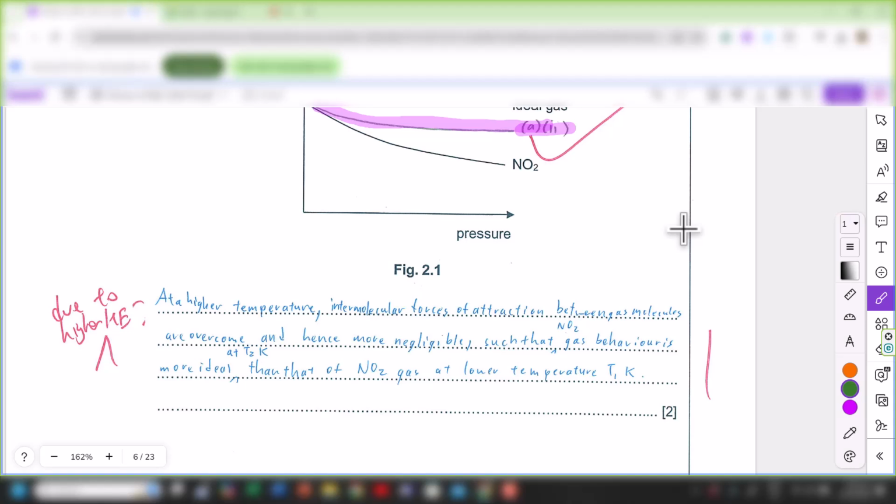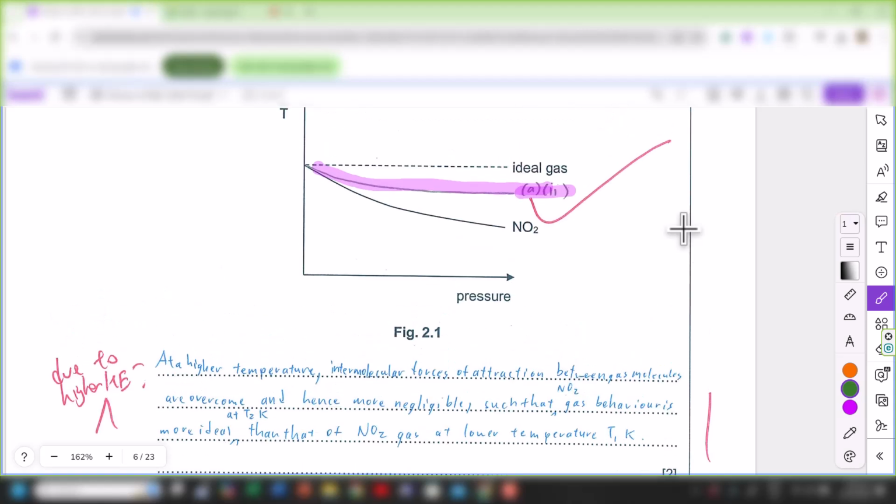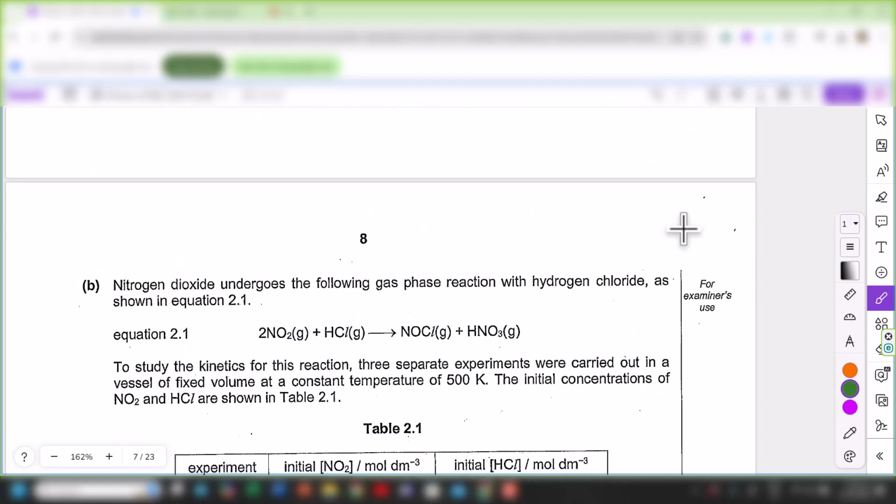If you want the answer in full, the greater kinetic energy present in the gas particles is able to overcome the intermolecular forces of attraction between them. So in this case, it will be PD, or you can say ID, or you can say dispersion forces. I think it doesn't really matter here.